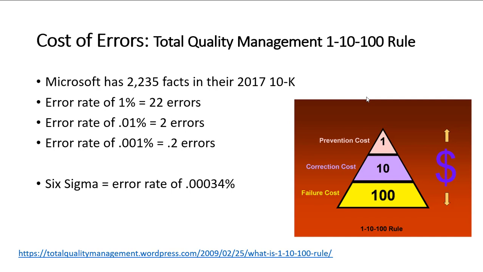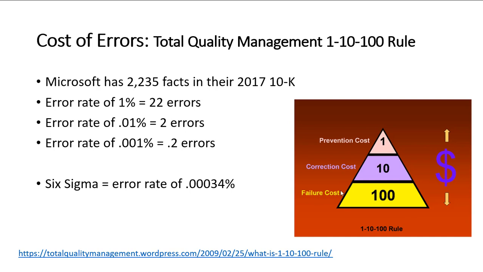There's a lot of information about the cost of quality. And people don't measure the cost of errors correctly. But there's this 1, 10, 100 rule, which you can see here. I'm not going to go over it in detail. Basically, errors cost money.